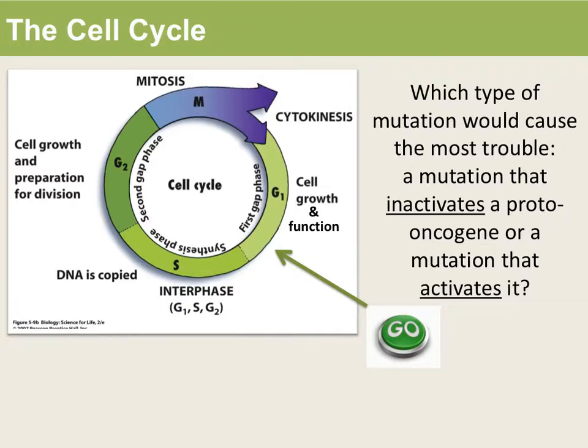So which type of mutation do you think would cause the most trouble? A mutation that inactivates a proto-oncogene or one that activates it? Anybody? Yeah, exactly. So in other words, that gene has to be expressed.